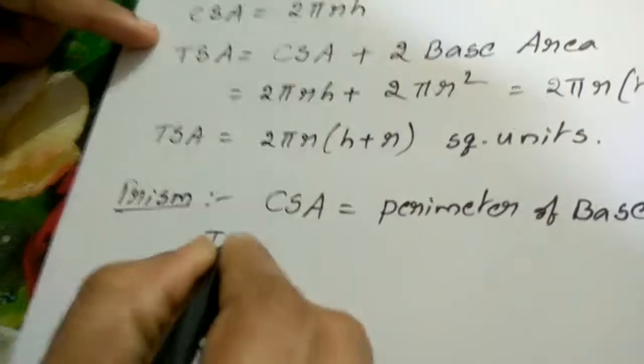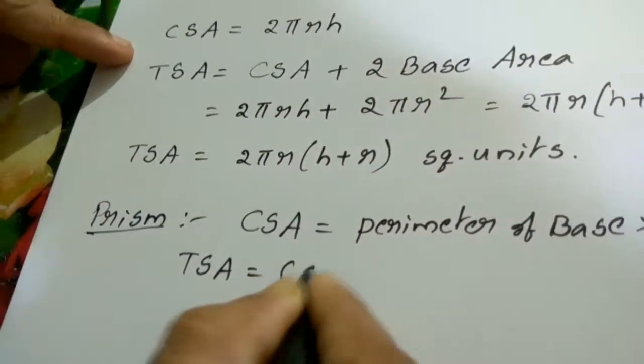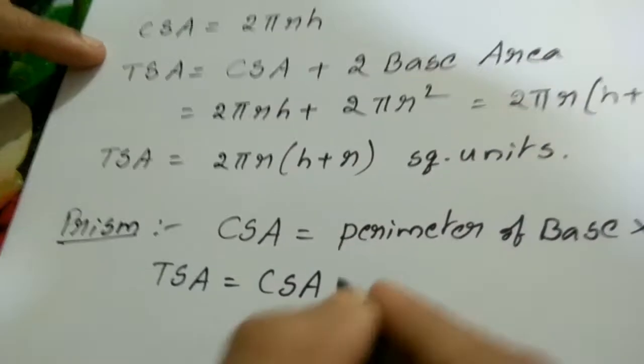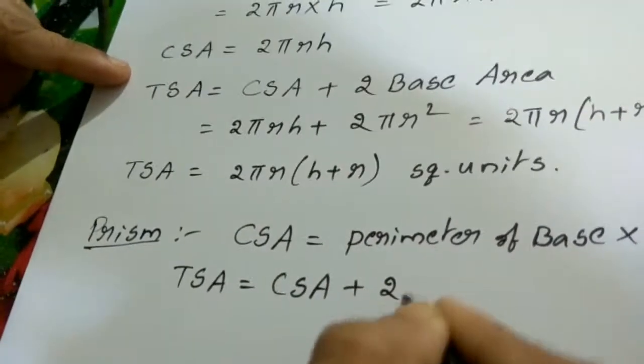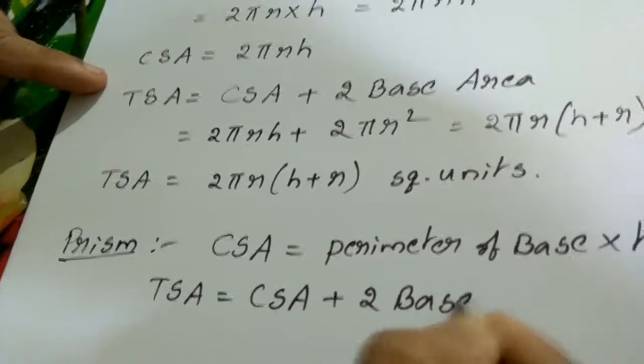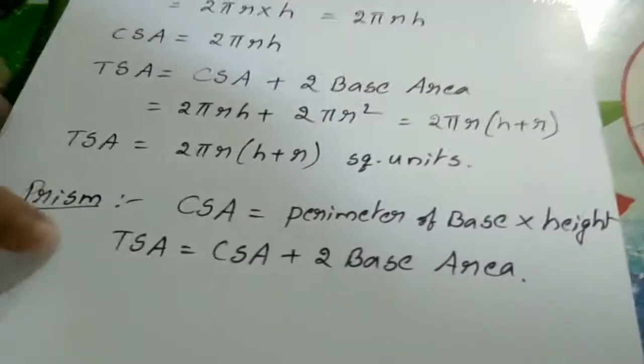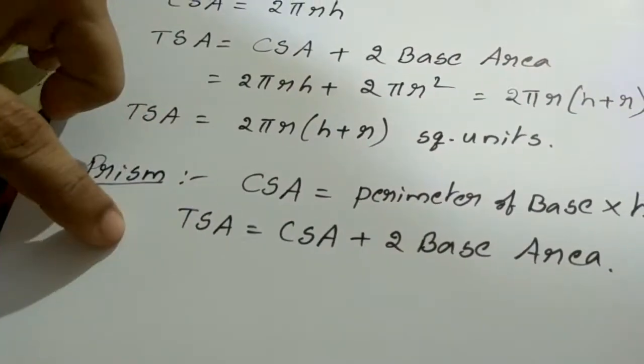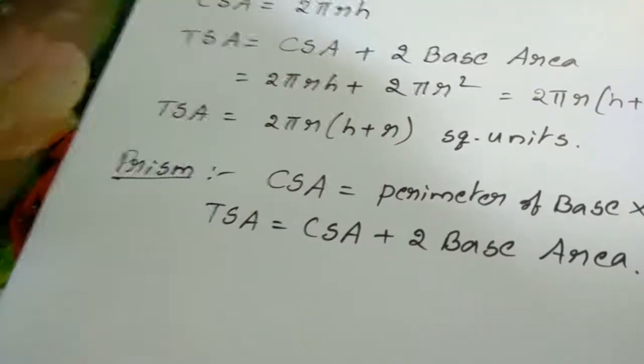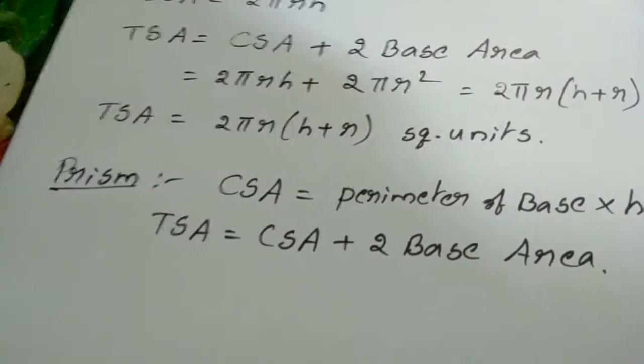Now TSA becomes the sum of CSA, the curved surface area, plus 2 times the base area. And these generalized formulae will help you find the CSA and TSA of any prism shape.